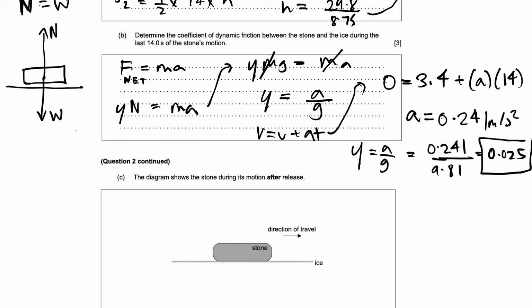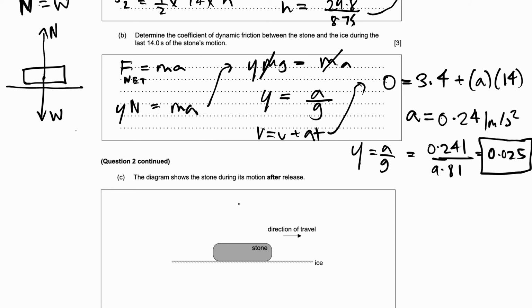That is our coefficient of dynamic friction. 0.241 divided by 9.81, yes, 0.0245, which I rounded to 0.025. And of course the coefficient of dynamic friction has no unit, so it's just as it is, 0.025.